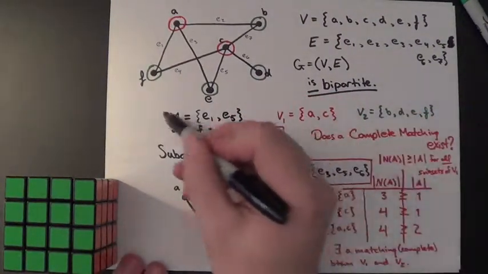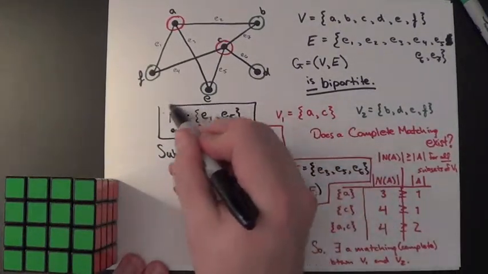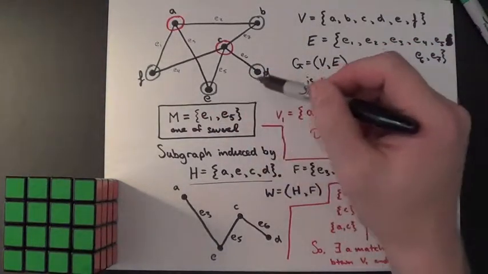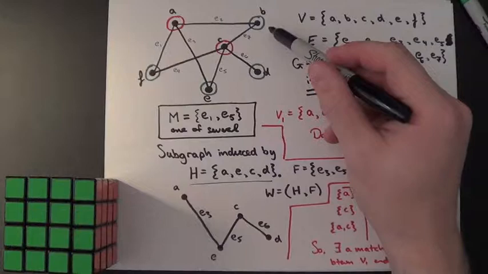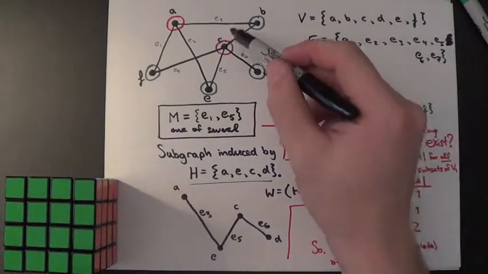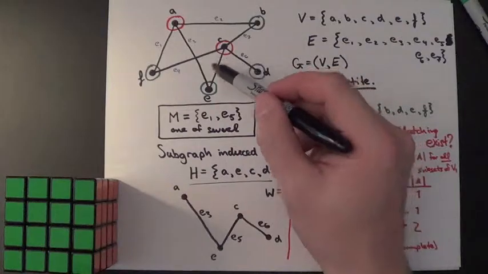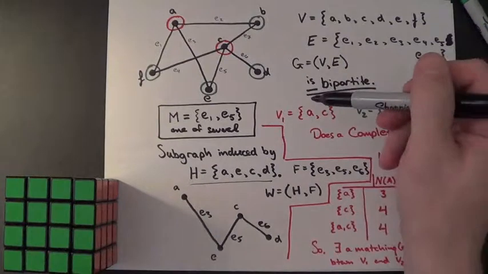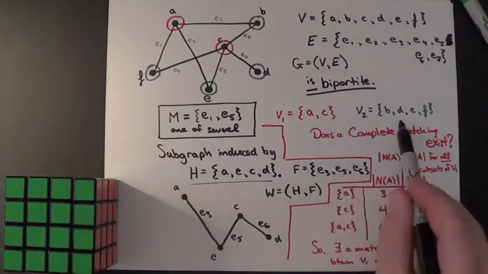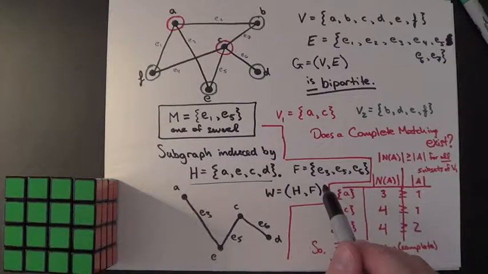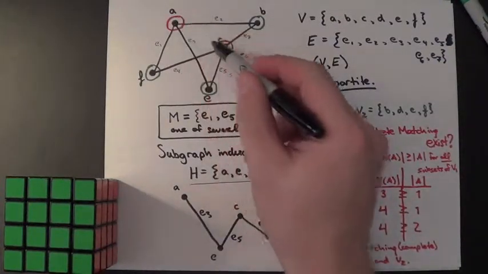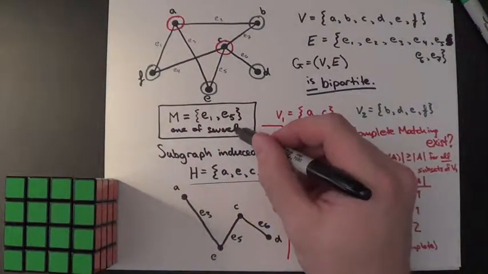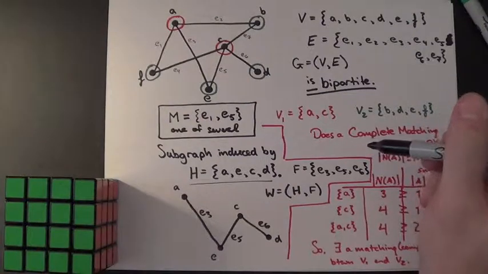Again, this is a complete matching on the set, despite the fact that not all of our V2 members have found a matched pair. We have matched everything in V1 to something in V2. Again, it does not have to include every member of both sets, because there is a possibility of the sets being in different sizes. But we just need to match everything in V1 to something in V2 in order for that to be a complete matching. Here we do in fact have a complete matching.